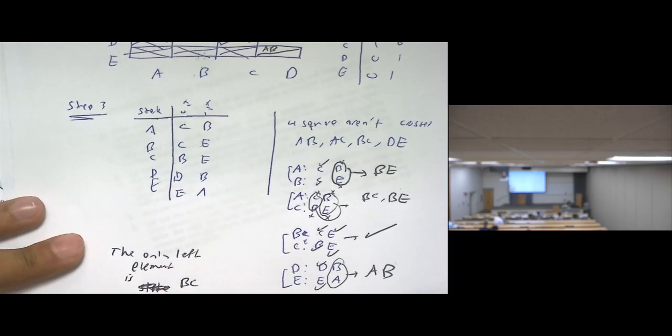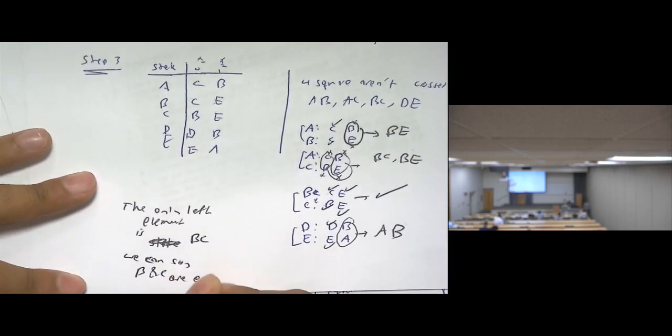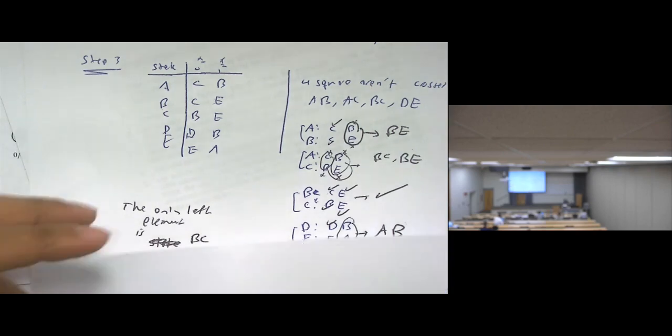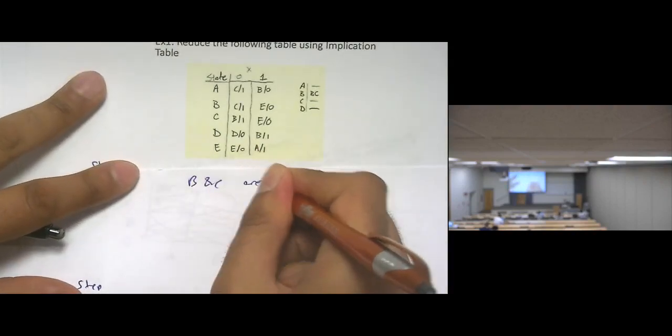Then we can say B and C are equivalents. So let's redraw the state diagram. So we can say here B and C are equivalents.